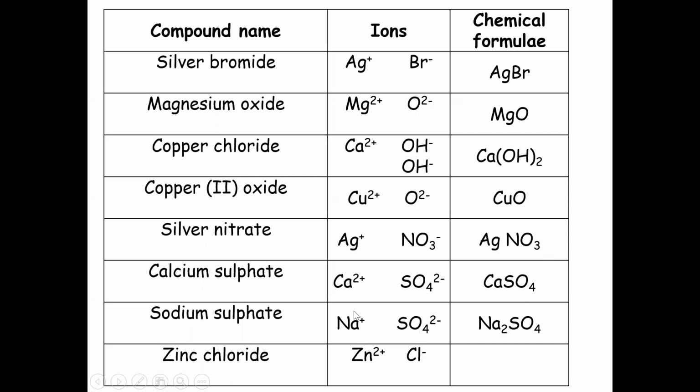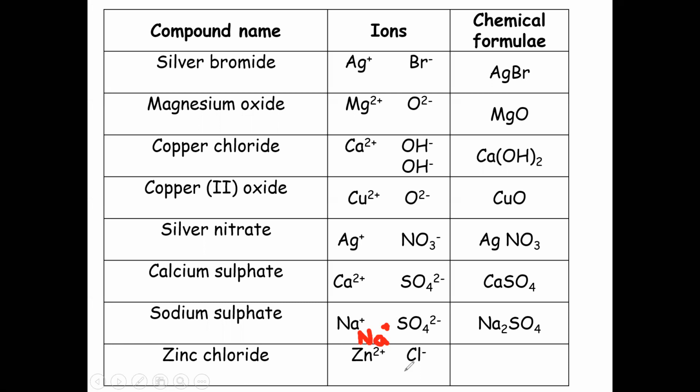You need an additional sodium here, and that would be sodium sulfate. Okay, so I hope you included 2 sodiums. I'm going to draw that in there as well for you, just in case you forget. So you would need an additional sodium here as well, to cancel out those 2 negative charges.